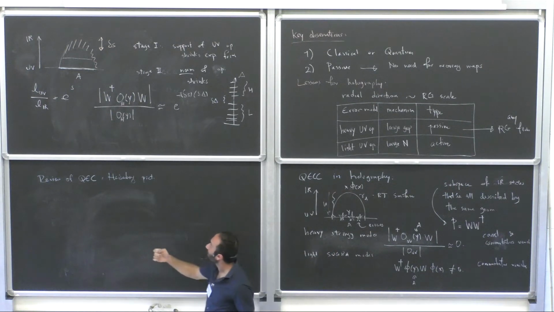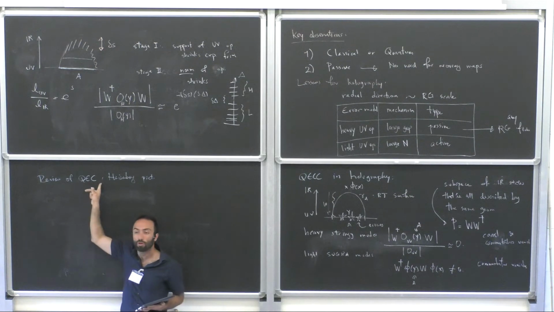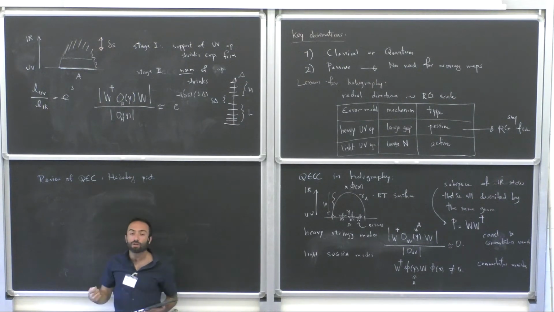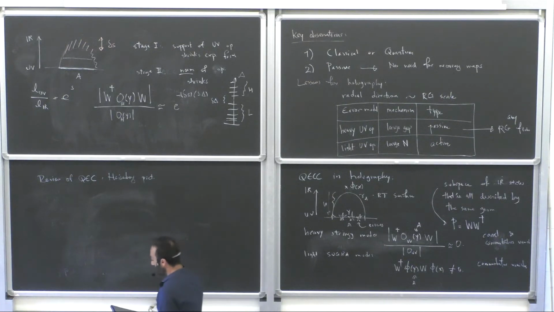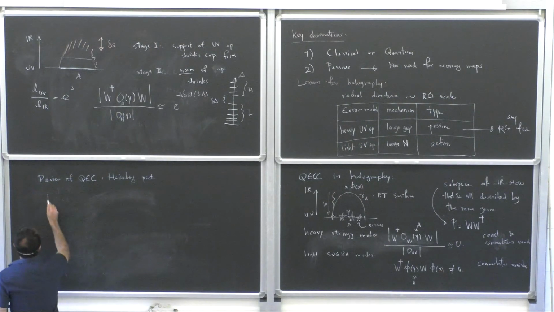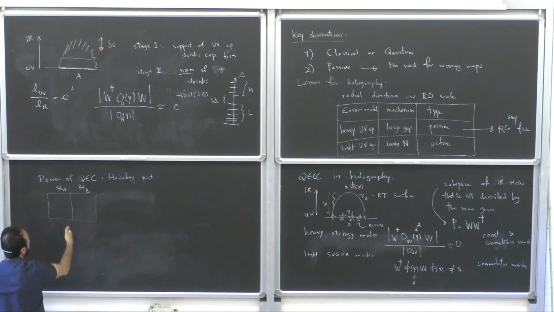What's important is that I'm reviewing exact quantum error correction codes. Exact quantum error correction is significantly simpler and could be explained in a much simpler way. Roughly speaking, the cartoon to have in mind is this. You have some Hilbert space H_A and some Hilbert space H_B. This is a cartoon. There is a divide between them.